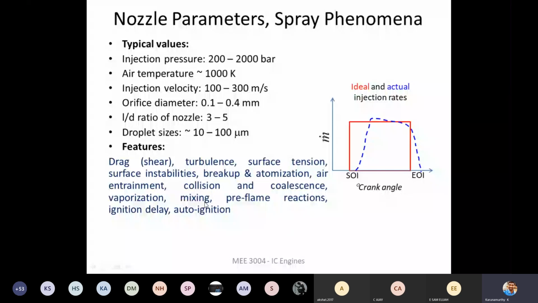These are some of the features. All this happens when the fuel is sprayed for combustion inside the engine cylinder, right?